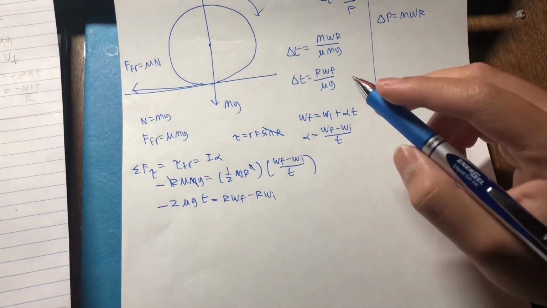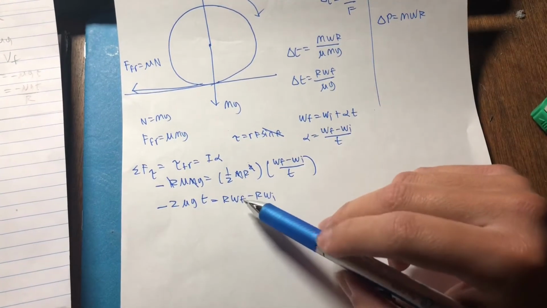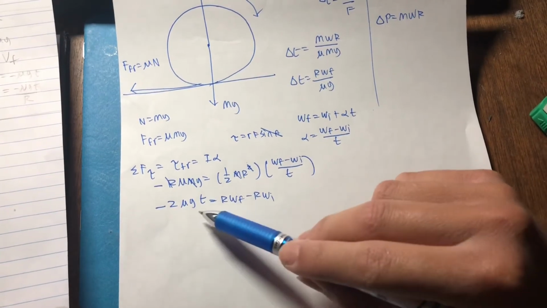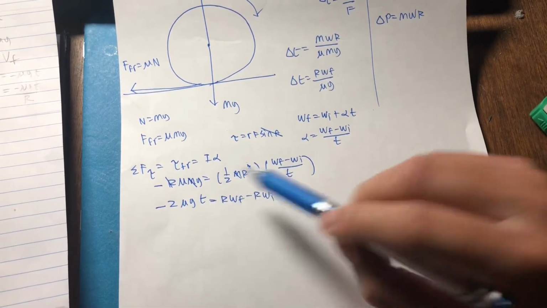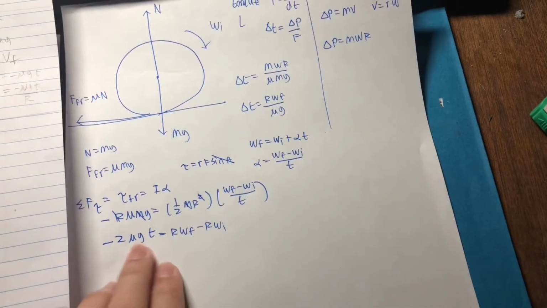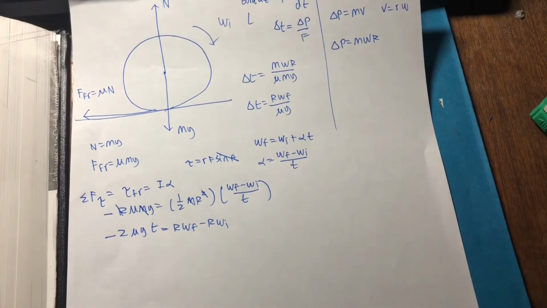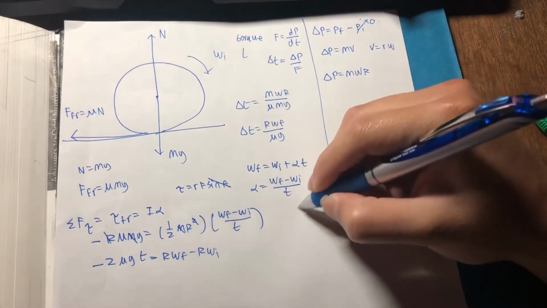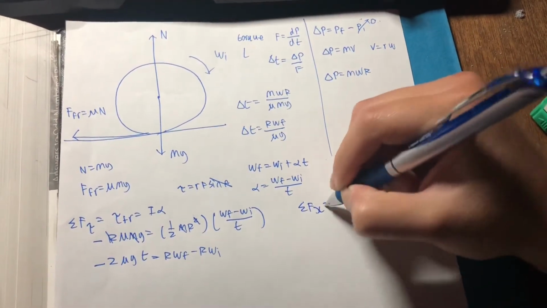But this still doesn't get you anywhere, because omega final and this mu gt don't get you anywhere. So you need to come up with another way to write all of these variables. Again, also a little bit arbitrary. Sum your forces in the x direction.